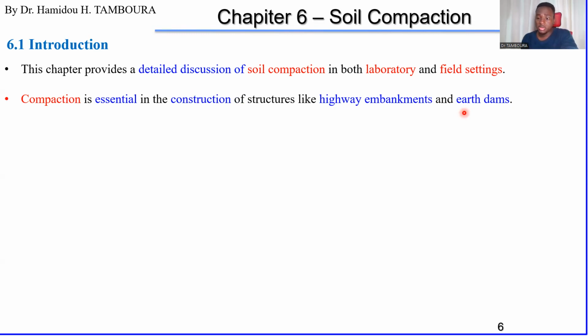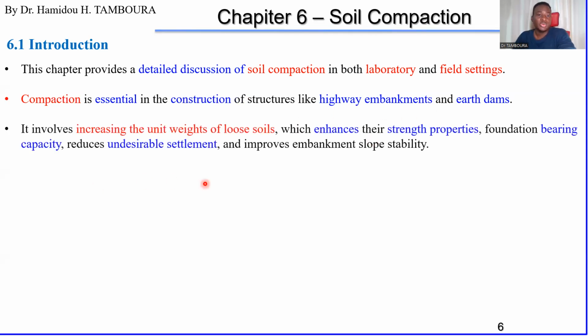Road embankments or dams, or let's say in general, all structures made of soil are very influenced by the compaction of the soil. You will see during this chapter how important compaction is for this kind of structure.